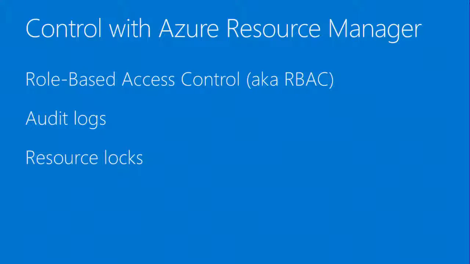Then you can get audit logs, which is related to role-based access. So you can get a full audit log of what commands have been performed through the Azure Resource Manager API. Modifying resources, creating resources, deleting resources, who has performed a given action. This is all through audit logs.